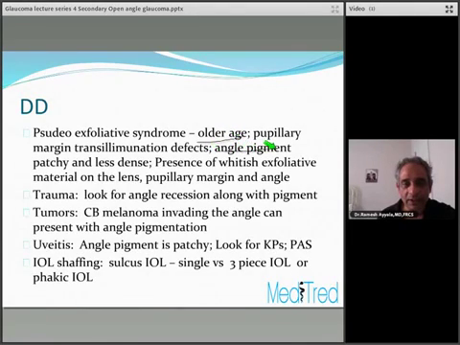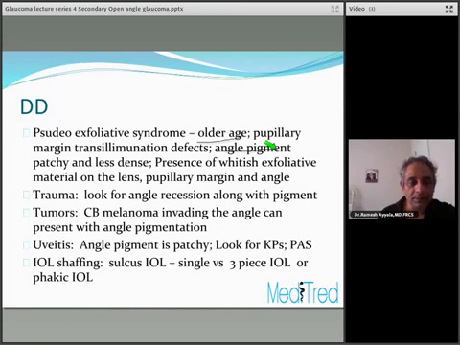Angle pigment is patchy and less dense in pseudoexfoliation syndrome. Presence of whitish exfoliative material on the lens, pupillary margin and angle clearly will point towards pseudoexfoliation, whereas in pigmentary glaucoma, you will have pigment being present in these areas.